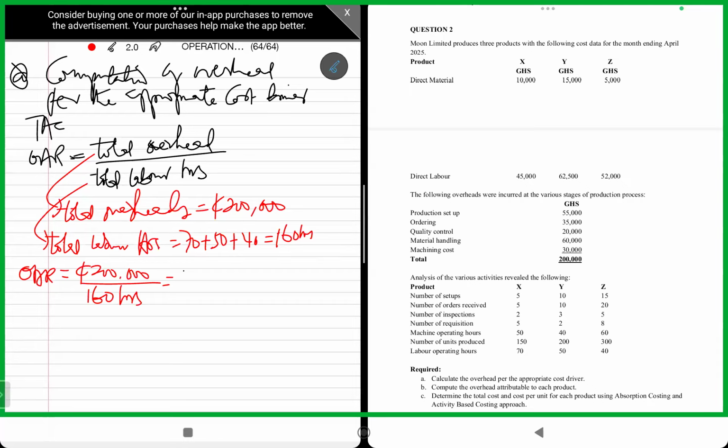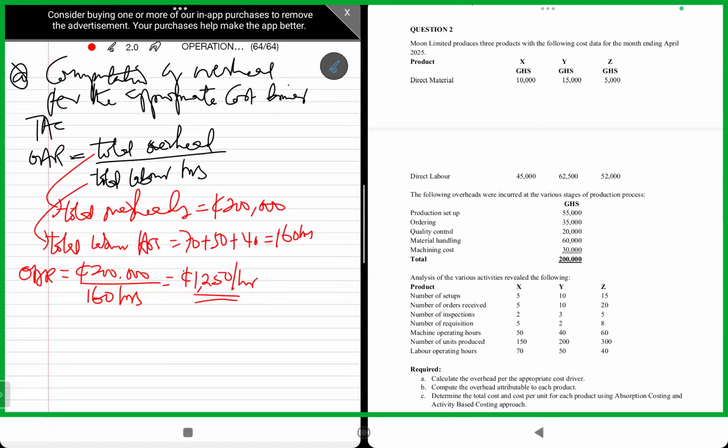What do we have? 1,250. Don't say one, it's 1,250 per hour. It's per hour. That's the OER. Are you getting it?